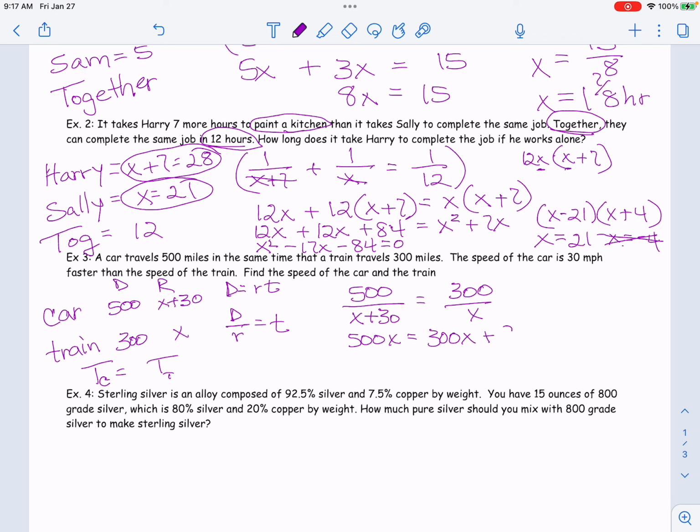So I have this. I'm going to bring the 300 over, divide by 200, and I get x equals 45. That is the speed of the train. The car would be 75 miles per hour.